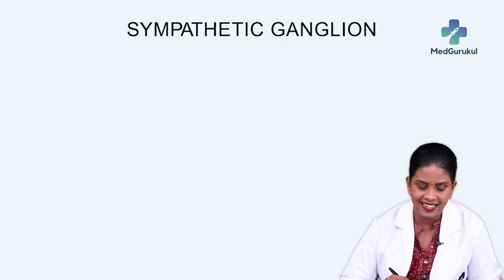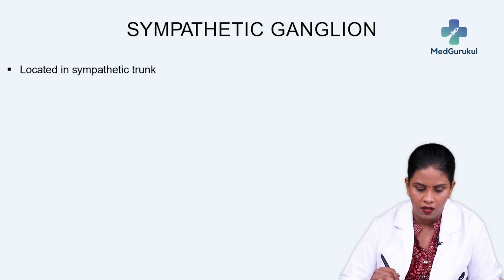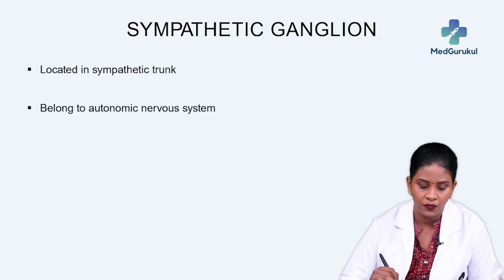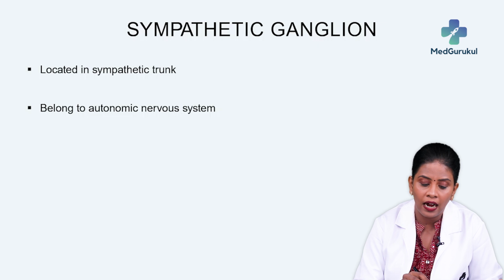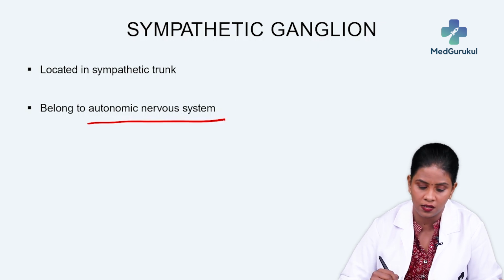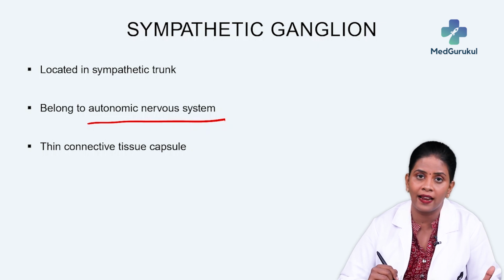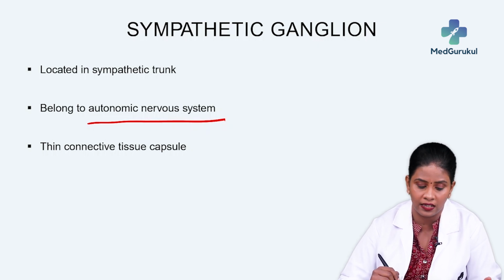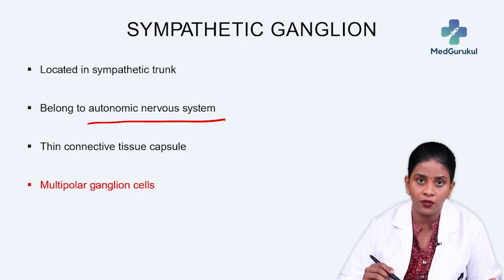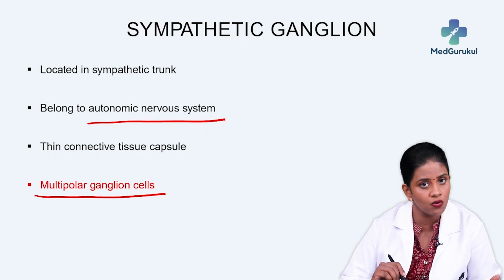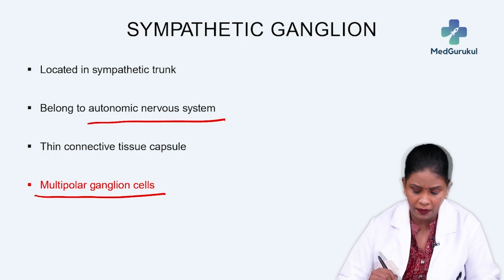Yes. So, the next ganglion is the sympathetic ganglion. It is located along the sympathetic trunk and it belongs to the autonomic nervous system, and it has a thin connective tissue capsule, whereas dorsal root ganglion has a thick connective tissue capsule. And here what type of neuron? It is multipolar ganglion cells. There it is pseudo unipolar, here it is multipolar.